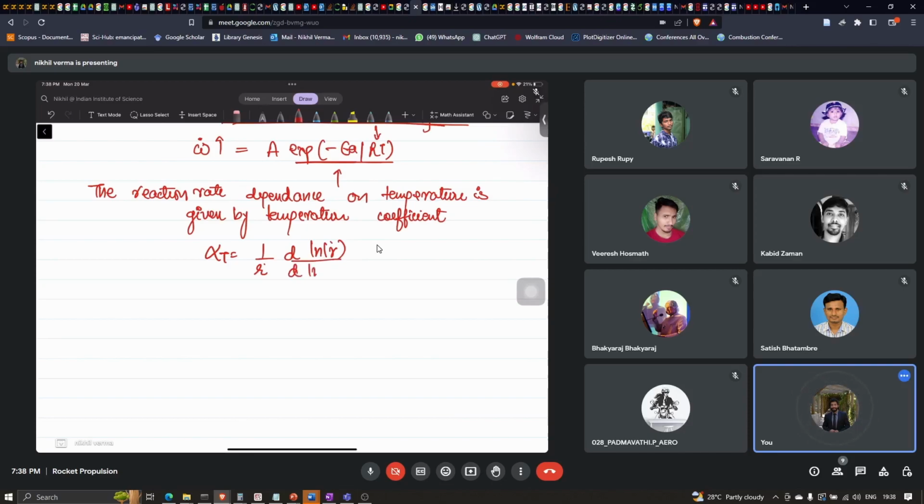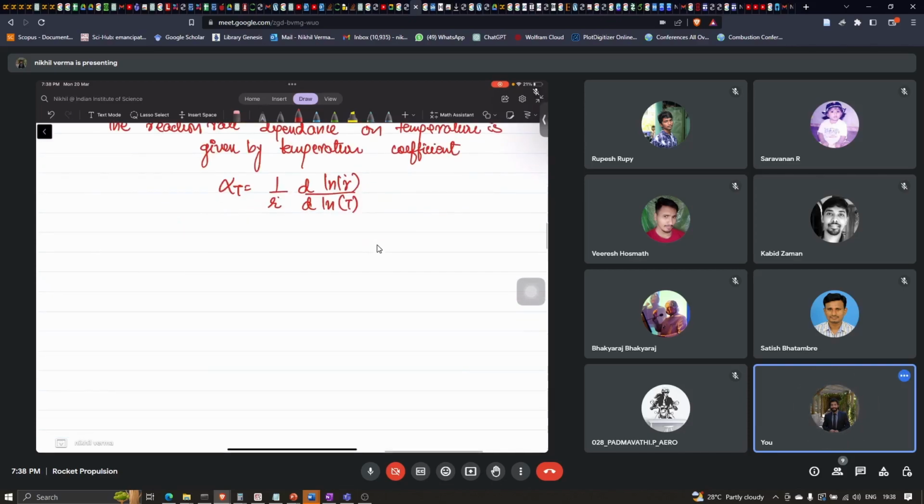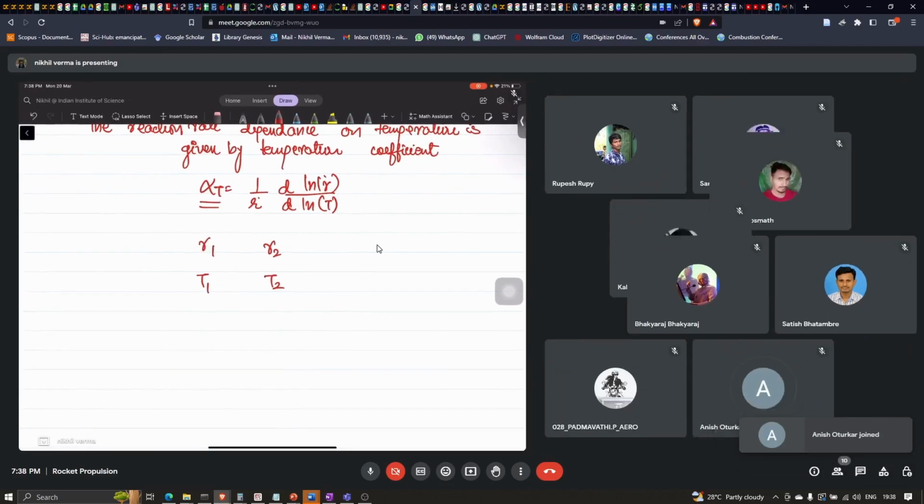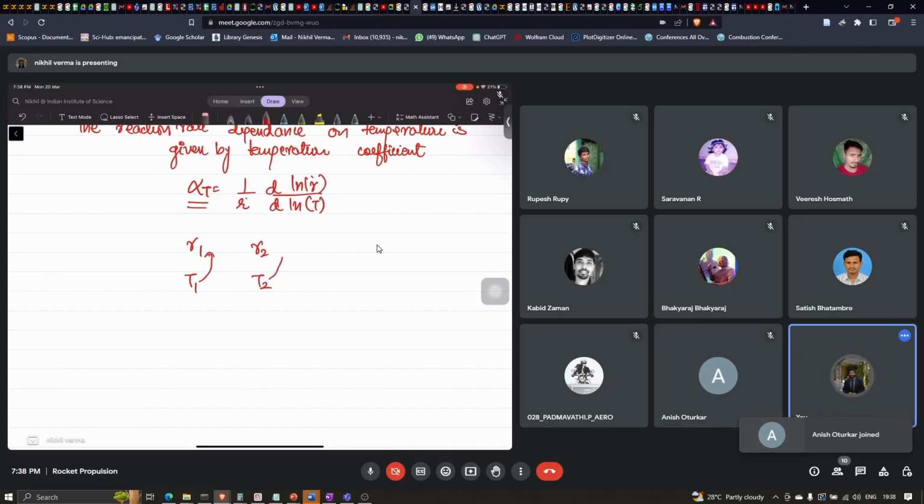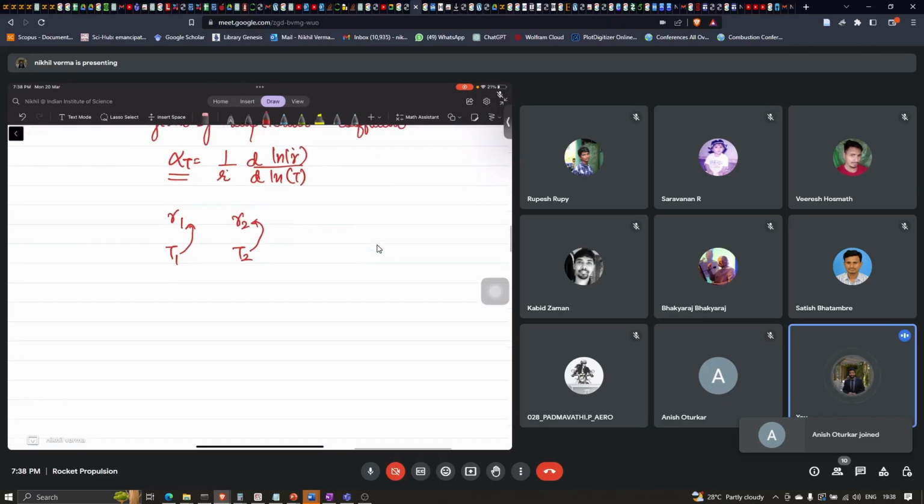by d ln T. To calculate this alpha T, experiments are done at two different temperatures, say T1 and T2, for which we get R1 and R2 as the burn rates. Then alpha T is just 1 by R1, ln R2 minus ln R1 divided by ln T2 minus ln T1.